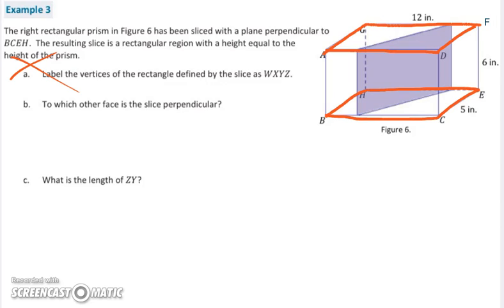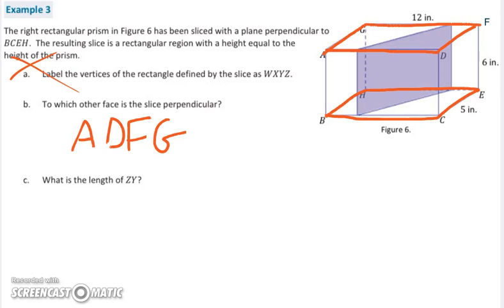So we'll call that face A, D, F, G. It didn't matter which way you started, if you wanted to do G, F, D, A, as long as it's in order, right?